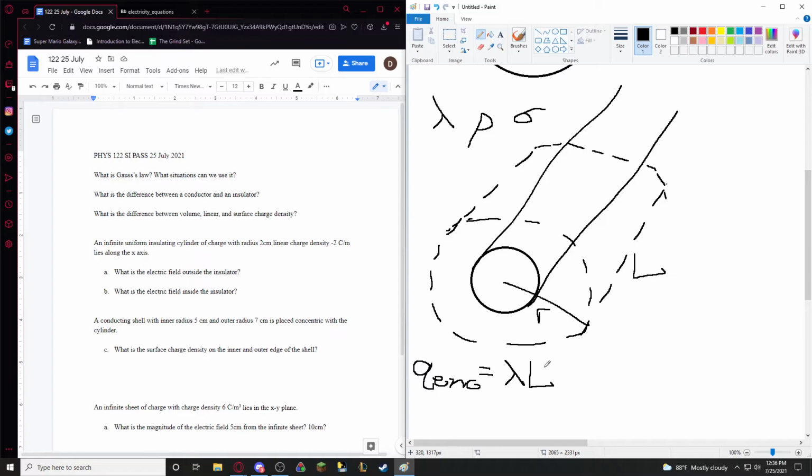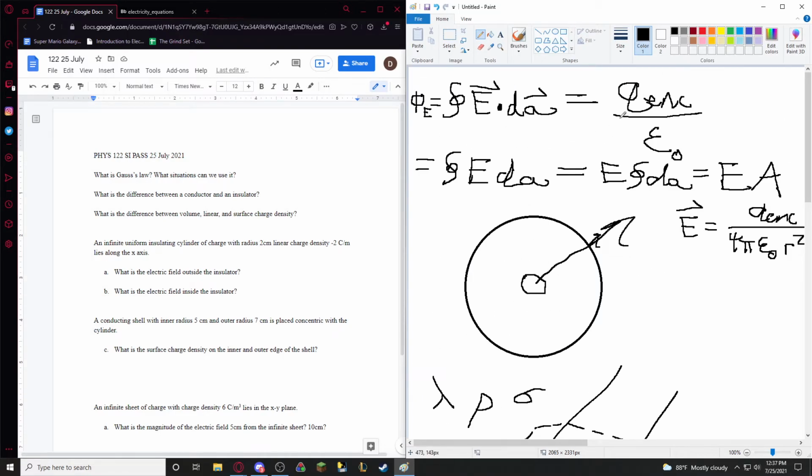Yes. I was thinking a little too complicated there. It's literally just lambda times the length. That's what I'm looking for here. So then how do we go ahead and actually solve this integral?